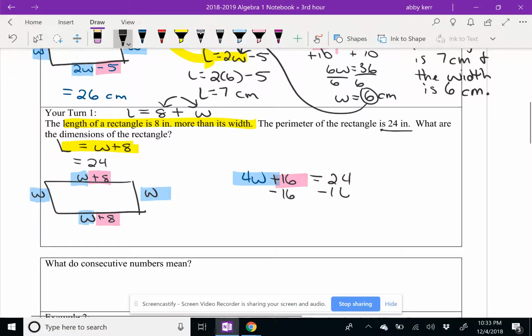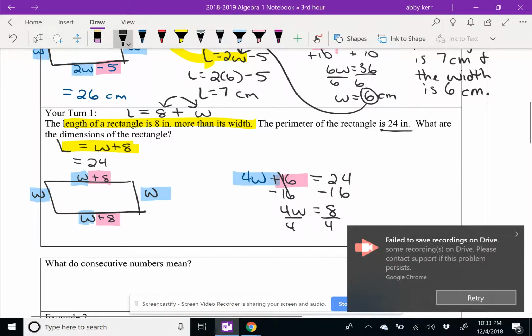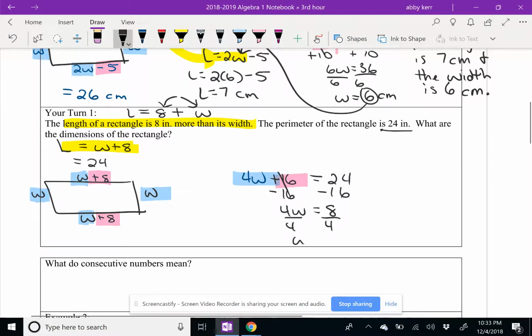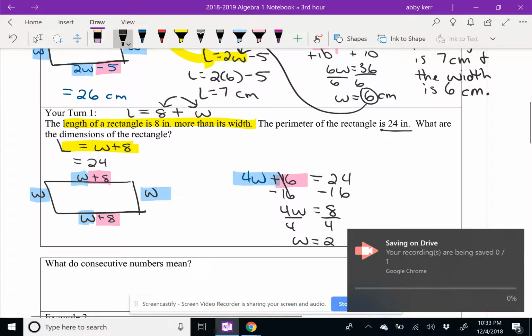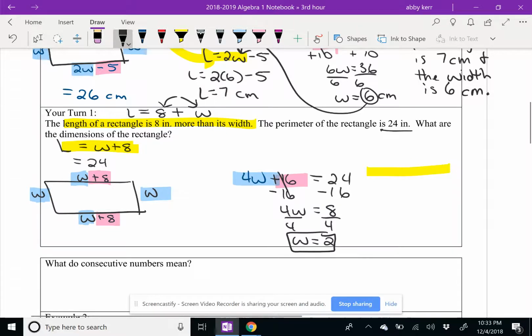So then we're going to minus 16 on both sides. And then 24 minus 16 is 8. Divide by 4. And then we're going to have W equals 2. Now what you want to do next is plug it in to that yellow equation.